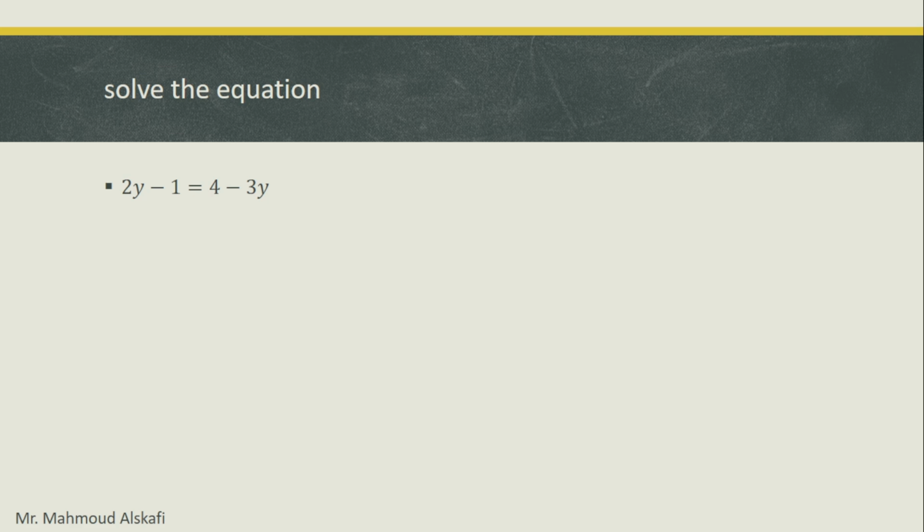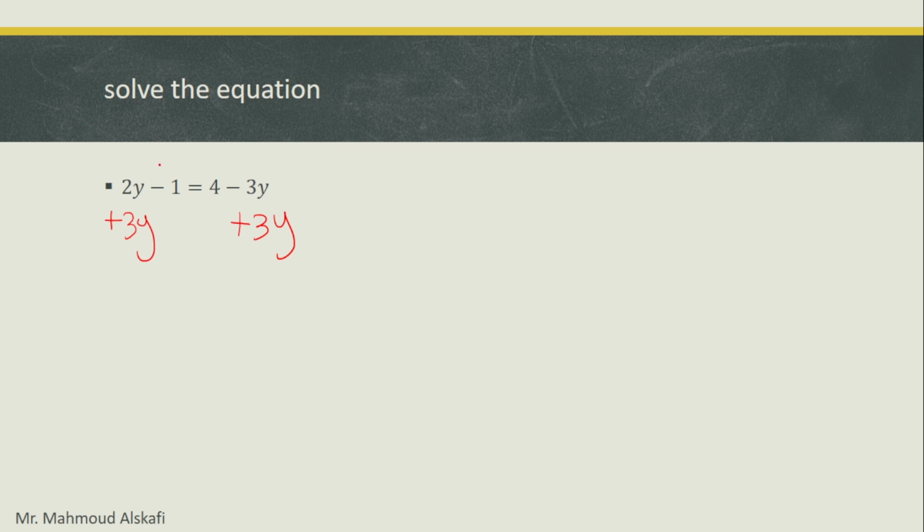Okay, now here we have both sides with x terms, or I'm sorry, y terms. So here we need to solve for y. Now we need to collect y on the left hand side and the numbers on the right hand side. So plus 3y, plus 3y.